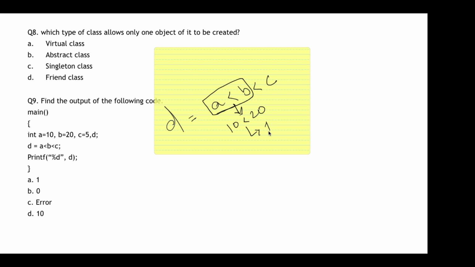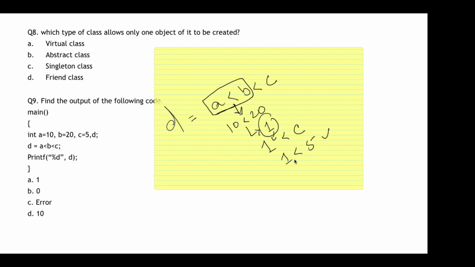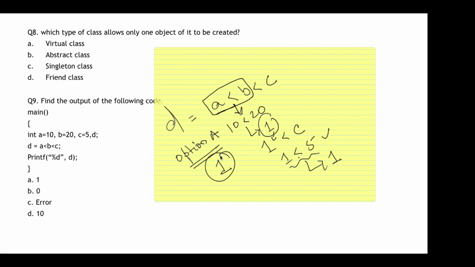So it will return 1. Now 1 in comparison to C. Now don't place any other value. It will always take 1. Whatever the value is returned, that only will be placed. So is 1 less than 5? It is. So it will again be true. It will return 1. So here the answer is option A. Okay. And the value will be printed as 1. This will be the output.